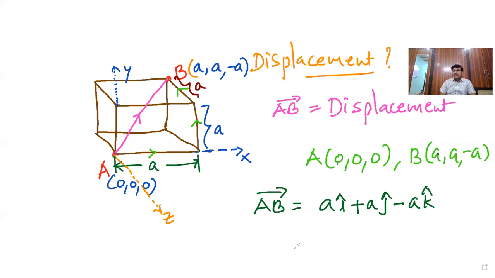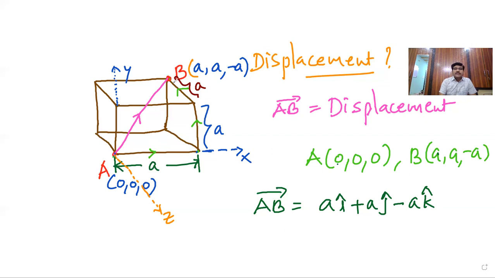Clear? Okay. That means AB bar is the displacement vector, A i cap, A j cap minus A k cap. These are all shown in the vectorial form. Towards the positive x-axis, magnitude A, i cap. Towards the positive y-axis, A, this is positive, and the unit vector along that is j cap.